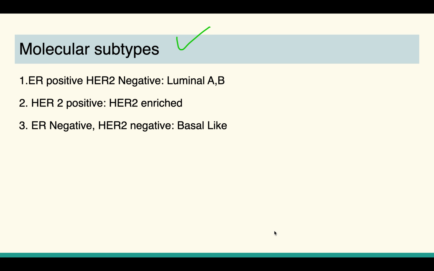First is ER positive and HER2 negative, which is done on IHC. ER positive, that is estrogen receptor positive, and HER2 negative, is known as luminal type. Then HER2 positive is named the HER2 enriched type. Then you have ER negative and HER2 negative. This is known as basal-like, and this is also known as triple negative.